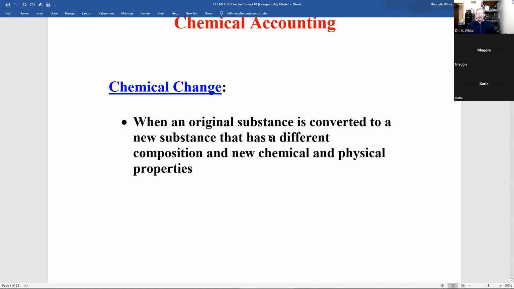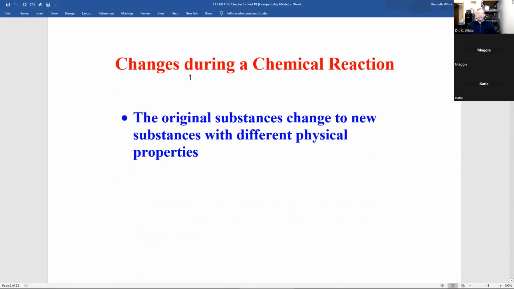I'll never ask on a test or my final, what's a chemical change? But I'll use the terminology. Now, during a chemical reaction, the original substance changes to a new substance with different physical properties.